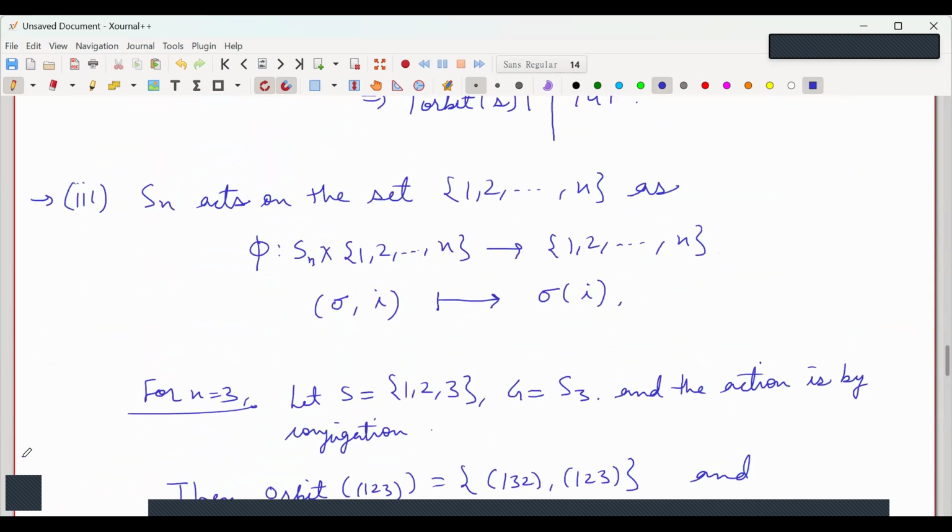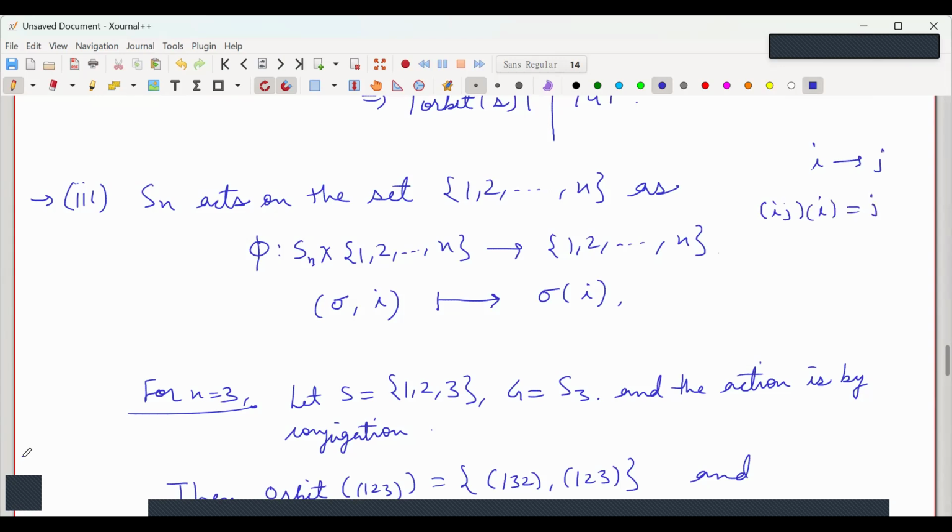For example, in one of our examples, Sn acts on the set 1 to n. This action is also transitive because you can map anything to some other index using some permutation. We start with index i, you can map it to index j through the permutation ij, right? ij maps i to j.